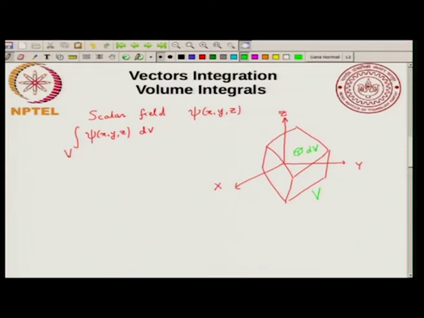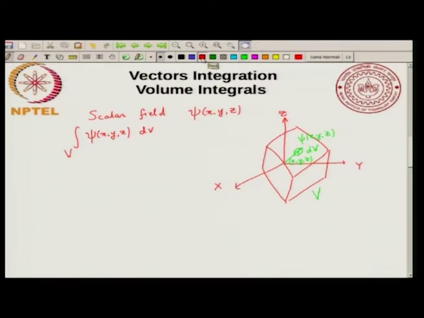If this point is x y z, then the scalar field at this point is psi of x y z. So, what I do is I construct all these little volume elements, I calculate the psi at each of these little volume elements, I add it up, and I will get this volume integral.